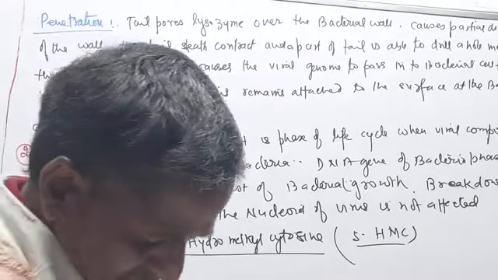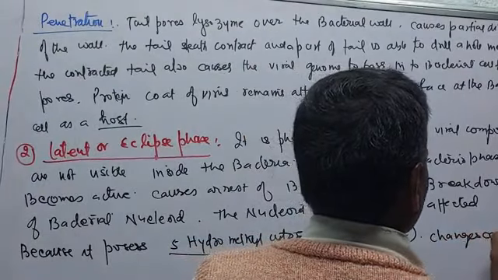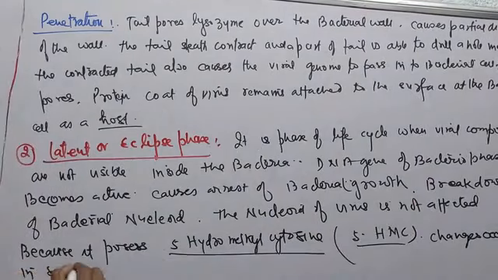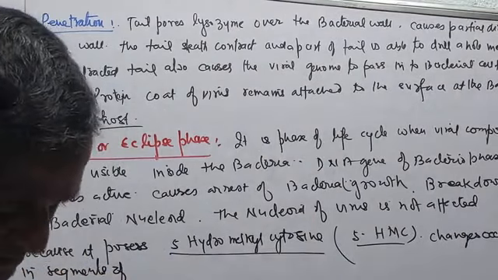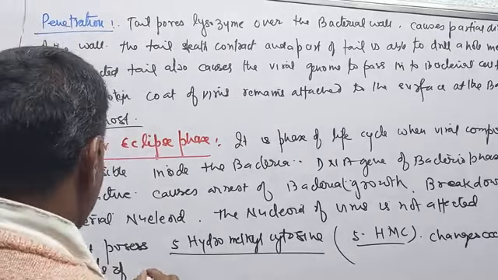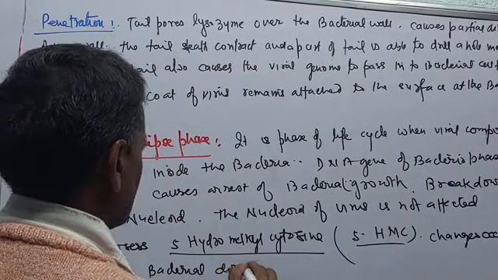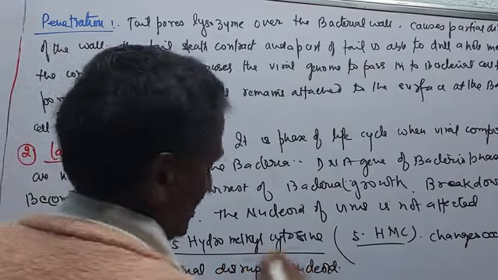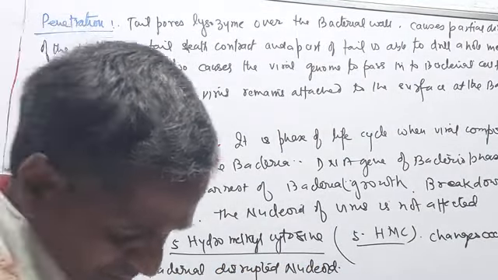Changes occur in segments of the disrupted bacterial nucleoid, which produce modified enzymes.